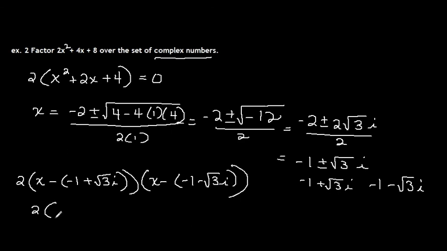So we get 2, and we're just going to distribute inside. X plus 1 minus the square root of 3 i, and the other factor is x plus 1 plus the square root of 3 i. And this is all they want. They just wanted the factors. So this is your final answer, the factors. So that's it for lesson 46.